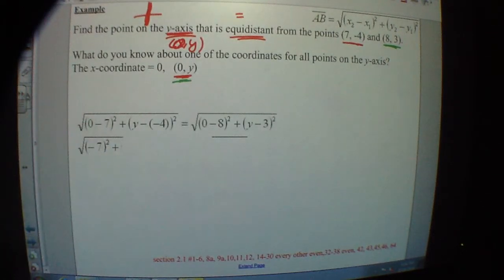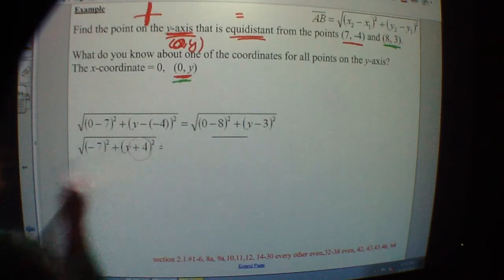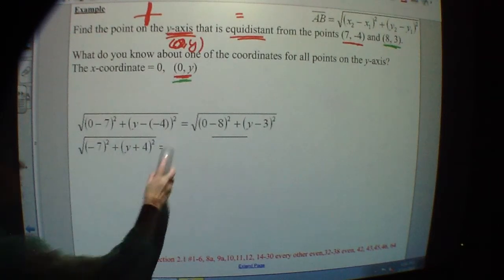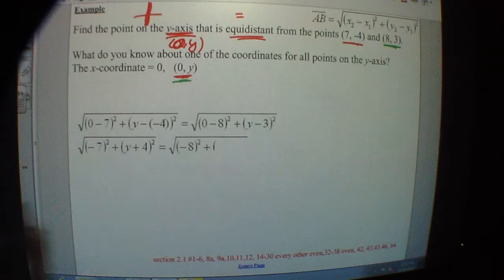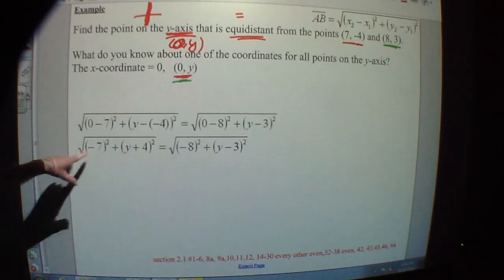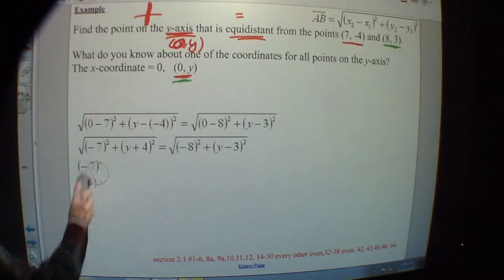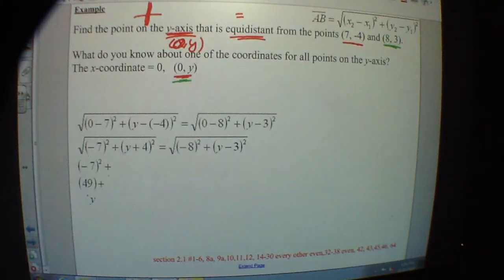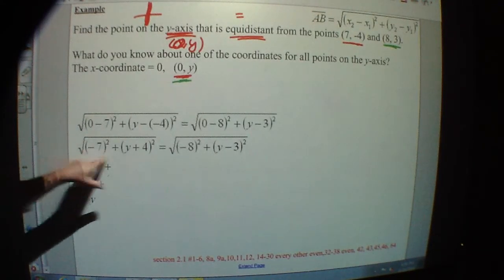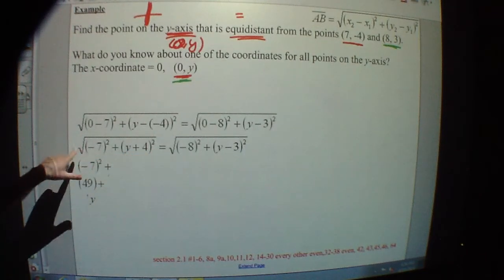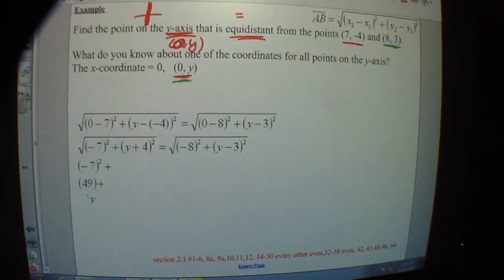So I have a negative 7 quantity squared, y plus 4 quantity squared, negative 8 quantity squared, a y minus 3 quantity squared. You could square them first on the inside, or what I did is I took the square of each side to get rid of the square root.